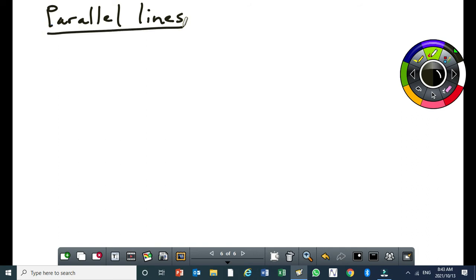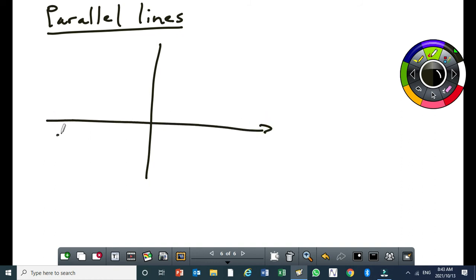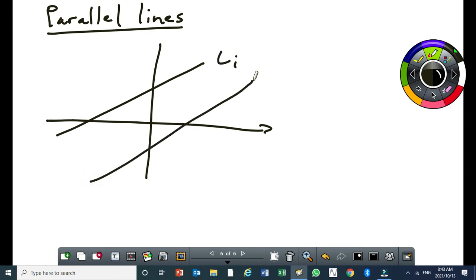If two lines are parallel, let's say this is L1 and that's L2, and the two lines are parallel. You should know that if L1 is parallel to L2, it therefore means that M1 will be equal to M2.